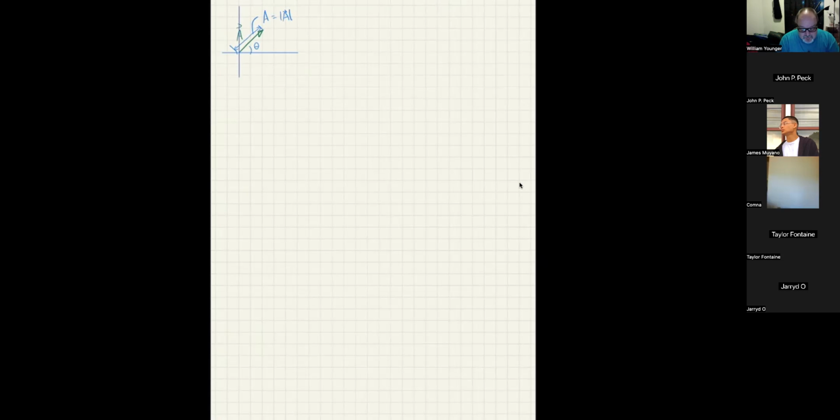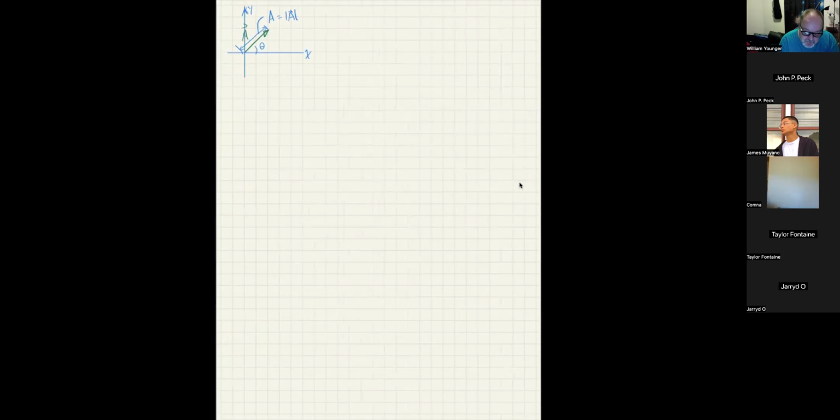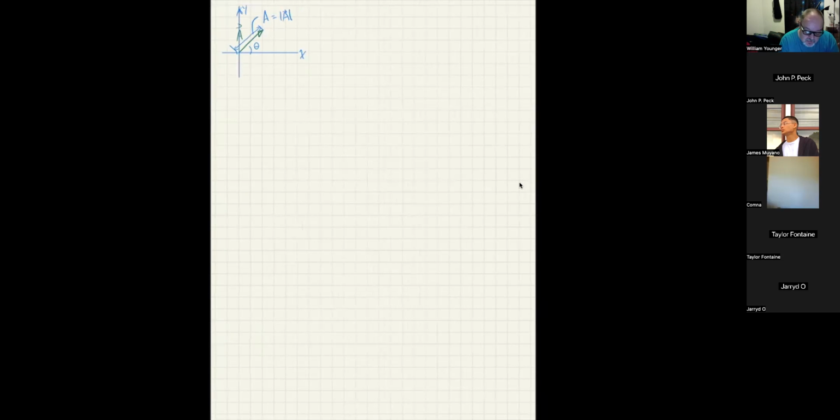Now, if I called this the x-axis and I called this the y-axis, then you could see this actually casts two shadows. They're both in the positive direction. So I'm going to say, here's one. This one's called A sub y because it's parallel or anti-parallel to the y-axis.